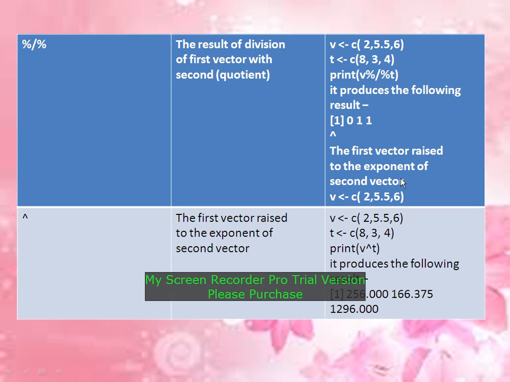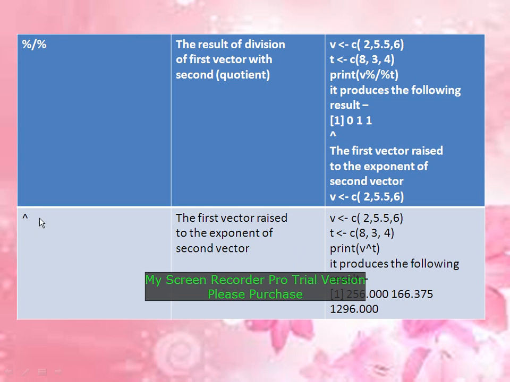The first vector raised to the exponent of the second vector. Sorry, this has been pasted here, so you don't consider this one here. So this is the explanation of the exponent operator. The first vector raised to the exponent of the second vector.